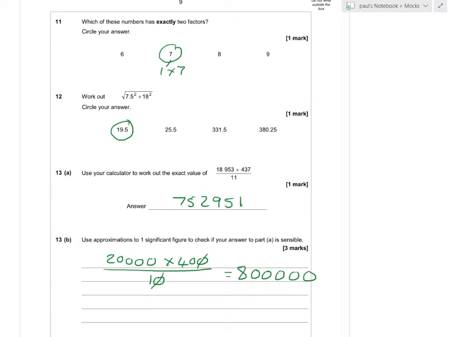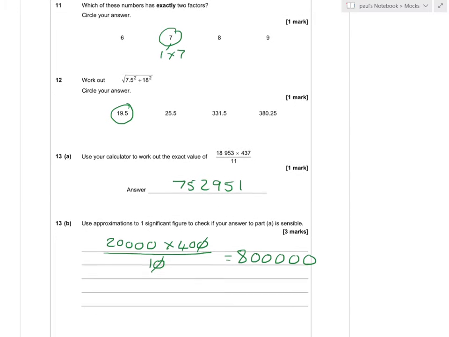So 75,000 is about, hang on, 752,000 is about 800,000. Too many noughts.